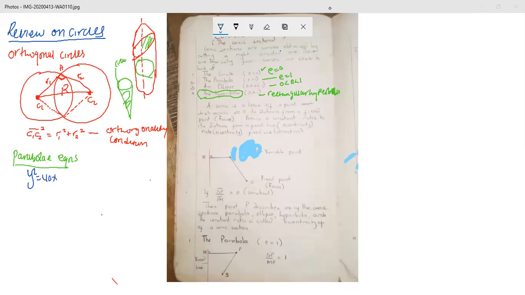And this is called a horizontal positive parabola. It's a horizontal positive parabola. This is how it looks like.